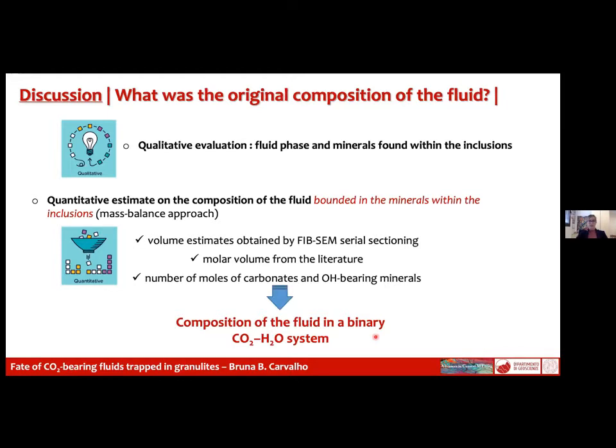And we did this mass balance approach by considering the volume estimates that we did with the serial sectioning, so the 3D reconstructions, and the molar volume of the minerals from the literature to obtain the number of moles of carbonates and OH-bearing phases, and translate the composition into a binary composition in the CO2-H2O system.